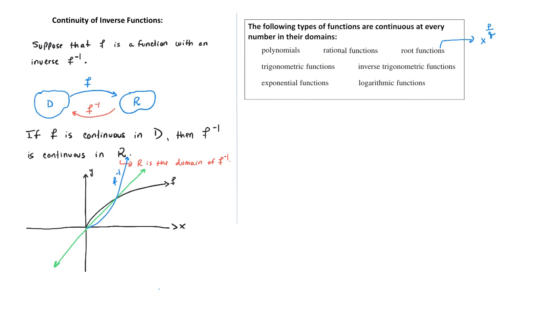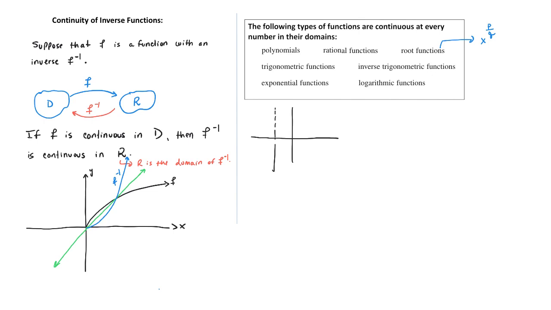Trigonometric functions. Oh my goodness, think of sine, think of cosine. These are all beautiful connected graphs. You can trace through the entire sinusoid without ever having to lift your pencil. The only one that we have to be careful about is tangent, because tangent has infinitely many vertical asymptotes. But if you only focus on the domain of tangent, right?